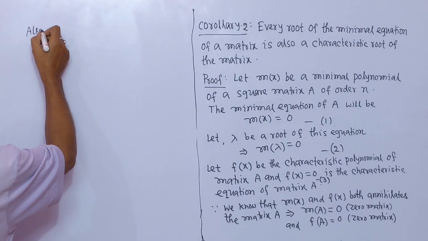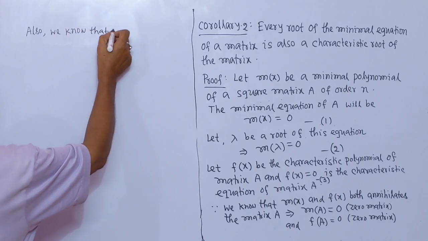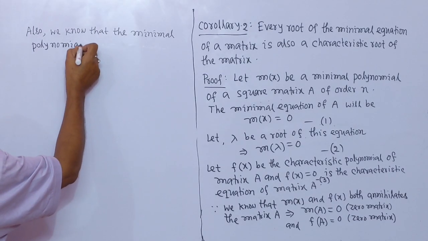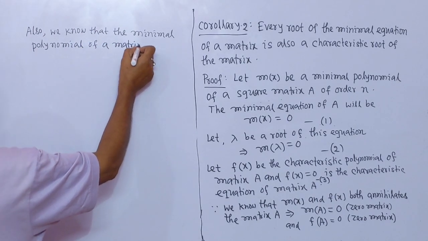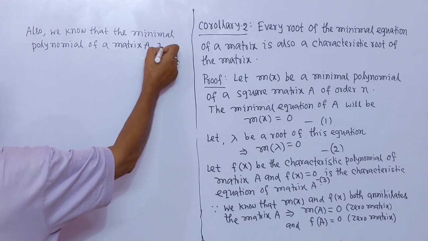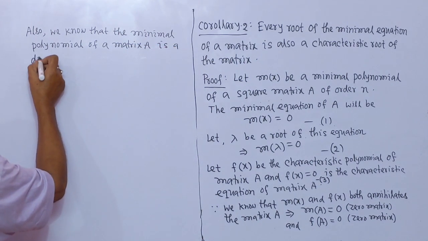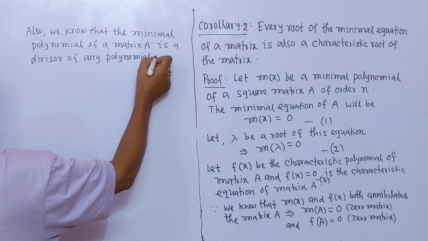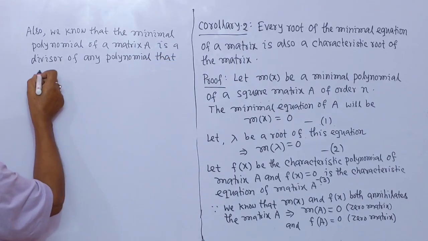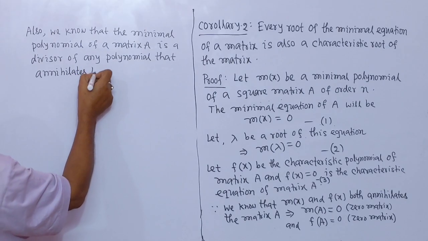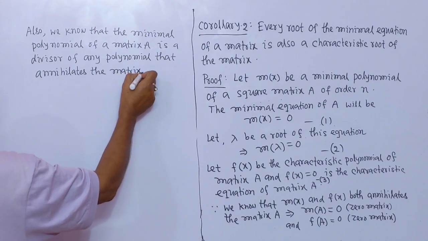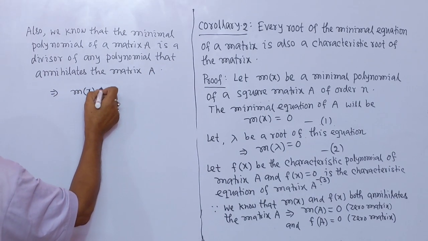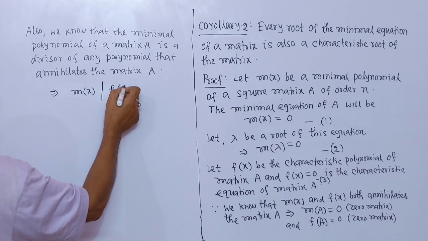Also, we know that the minimal polynomial of a matrix A is a divisor of any polynomial that annihilates the matrix A. Implies that minimal polynomial m(x) divides characteristic polynomial f(x).